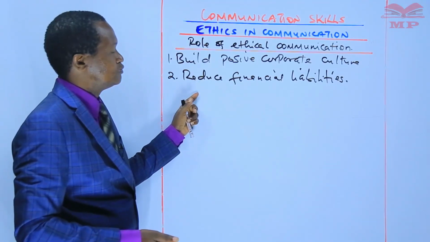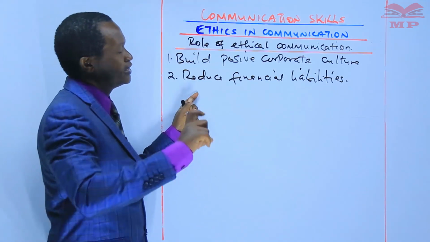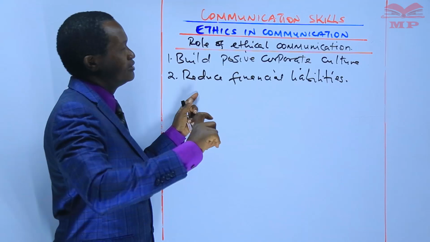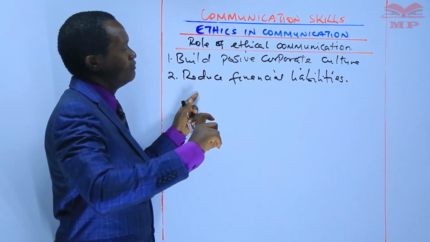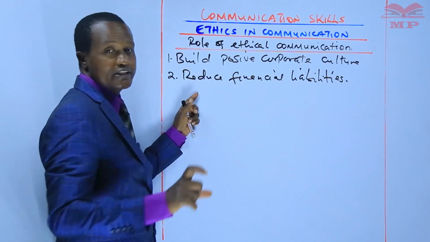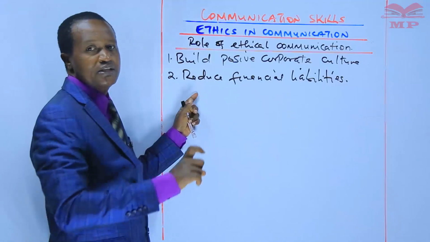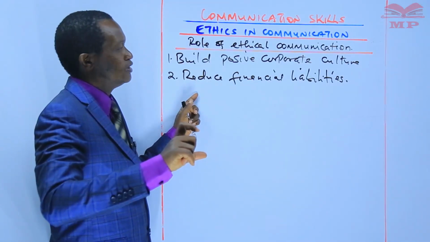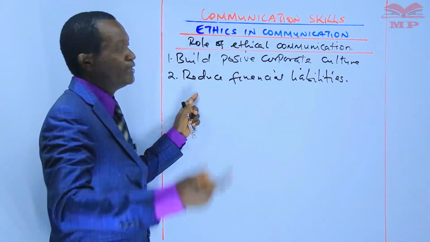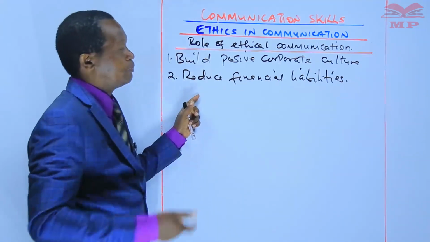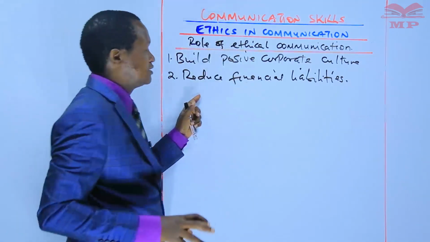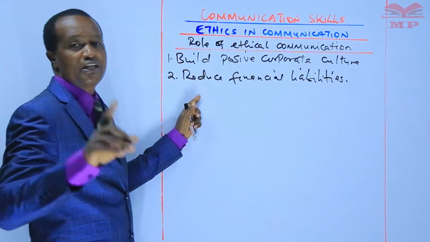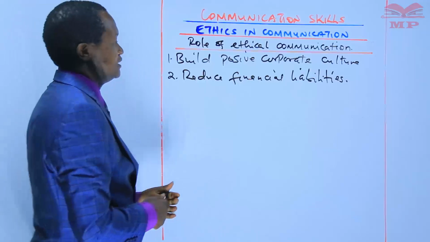Because we are talking of ethics, a company that devotes itself to having policies that are also meant to communicate properly to the stakeholders, then there is possibility of reduction in financial liabilities.